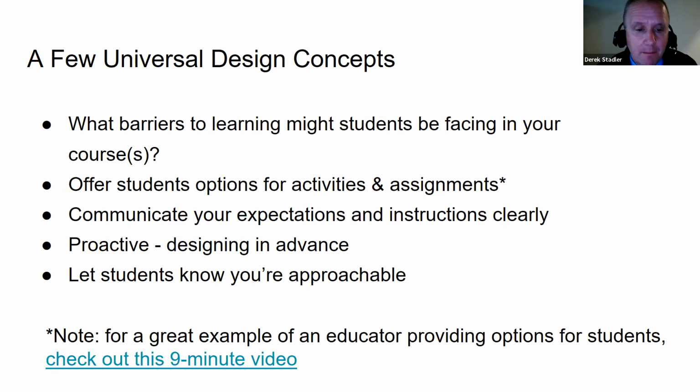Some of these things can be a print handout that a person who is blind or a person with low vision cannot see. It can be a syllabus or assignment prompt that is not easily accessible using a screen reader. It can also be students having difficulty with writing assignments or understanding instruction.